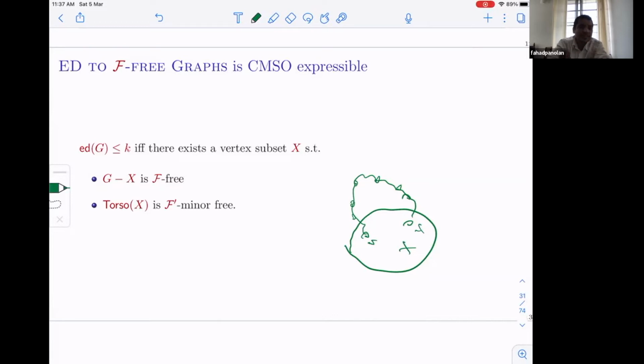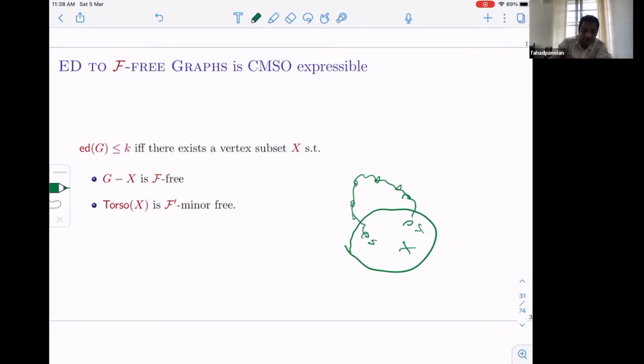The torso of X can be expressed in monadic second order logic, and testing the property F prime minor free can also be written in monadic second order logic, and F-free can also be written in monadic second order logic. Hence you can write a formula in monadic second order logic for testing whether the elimination distance of G is at most k or not.